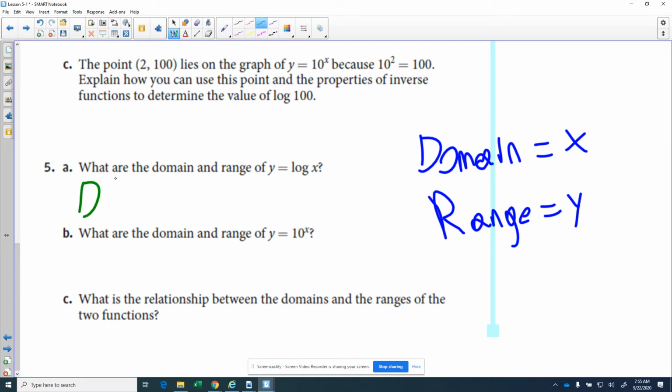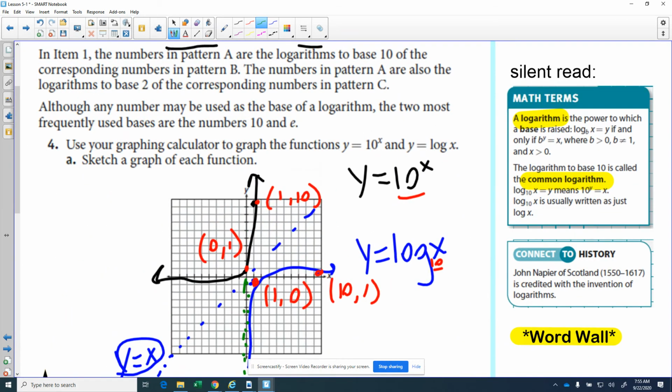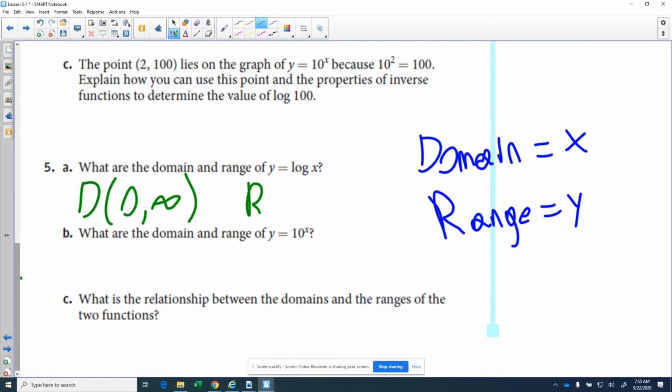My domain is going to go from the interval 0 to infinity, while my range, I can have any values below and any values above, meaning my y values have no restrictions. So my range is just negative infinity to infinity.